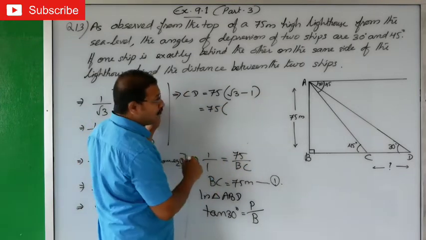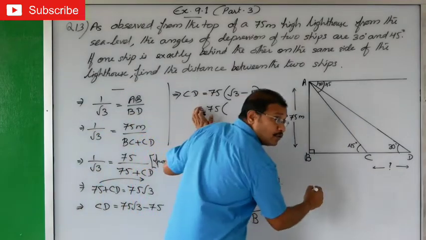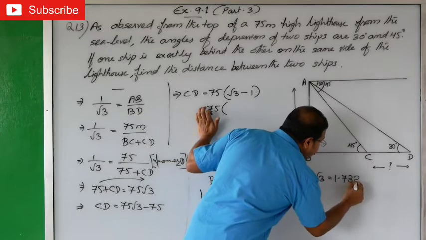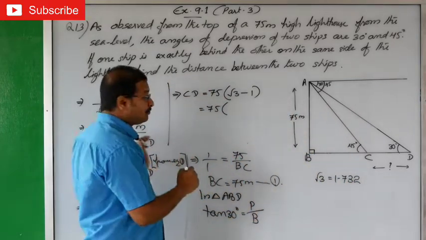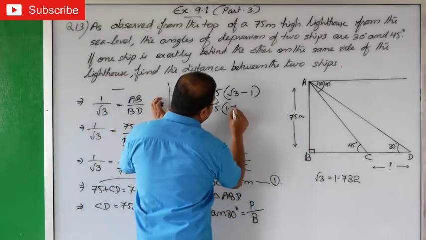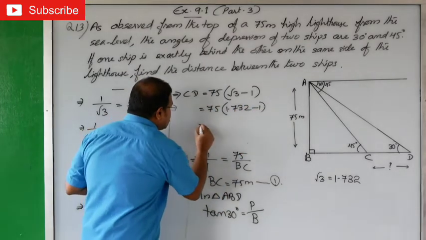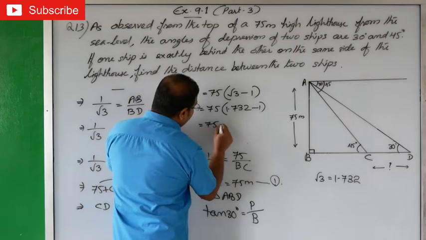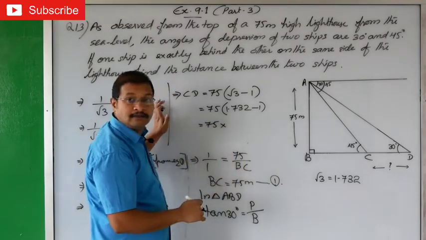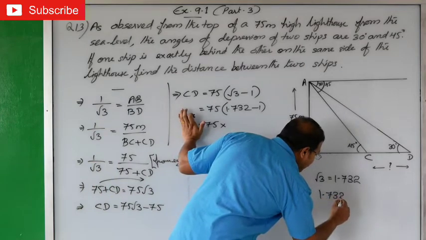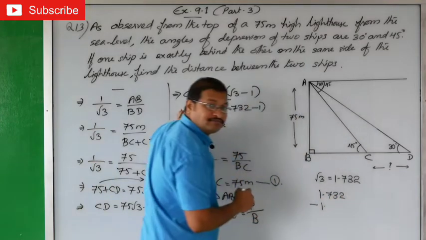Equals 75 bracket. What is the value of root 3? We know the value of root 3. Root 3 equals 1.732. That means 1.732 minus 1 equals 75 into, we'll minus it, 1.732 minus 1 point.